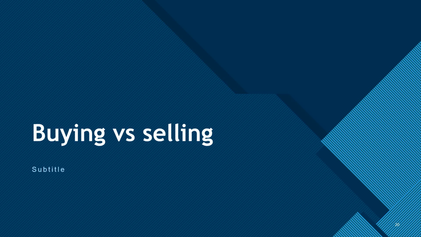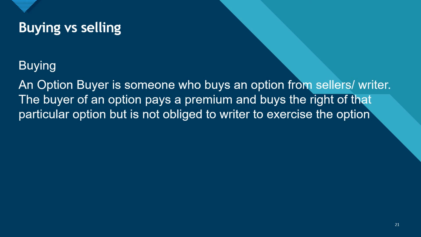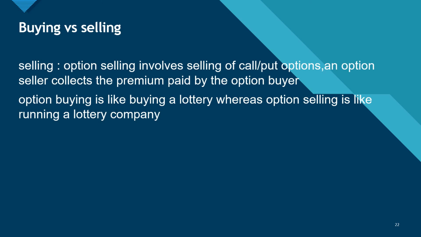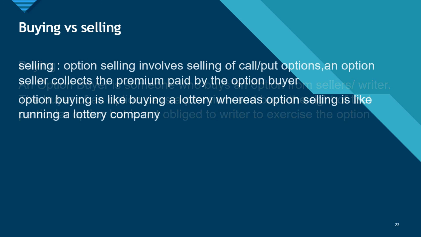So what is option buying and selling? An option buyer actually pays the premium, whereas the option seller receives the premium. Option buying is like buying a lottery.